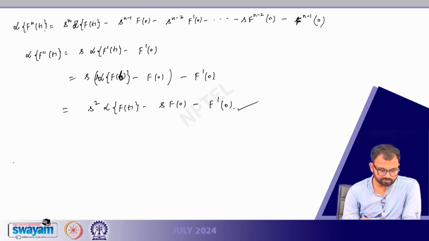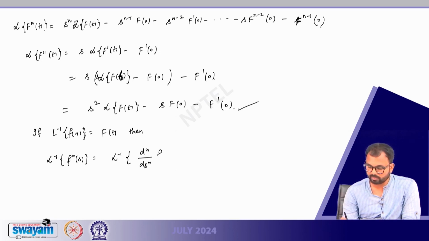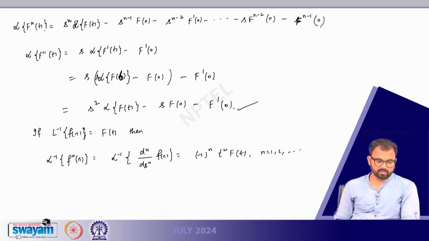And if we have inverse Laplace transform, that means if L inverse of F(s) is equal to f(t), then L inverse of F^(n)(s) is equal to L inverse of d^n/ds^n of F(s), which is equal to (-1)^n t^n f(t), where n is from 1, 2, 3 and so on, right.